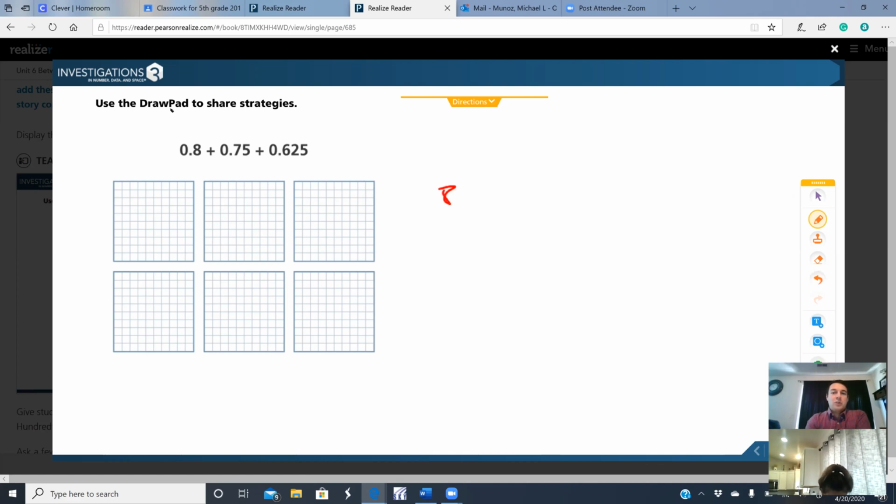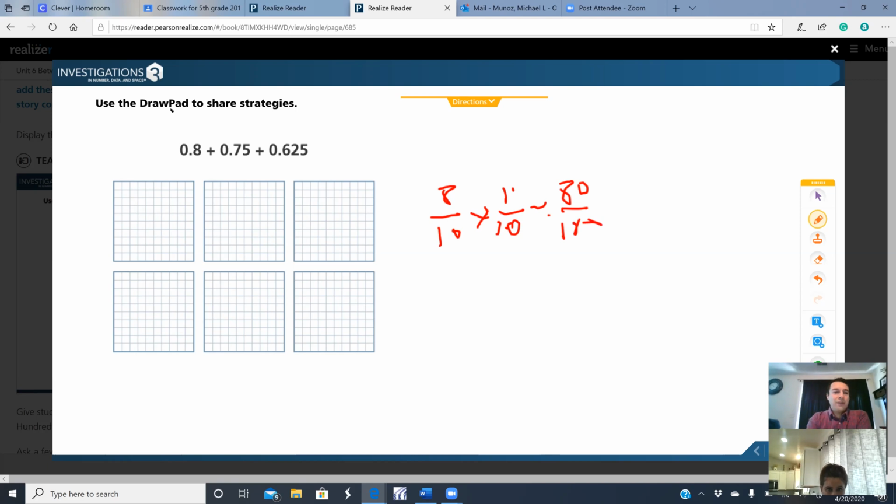So for 8 tenths, we can multiply the top and the bottom by 10 and get 80 over 100.